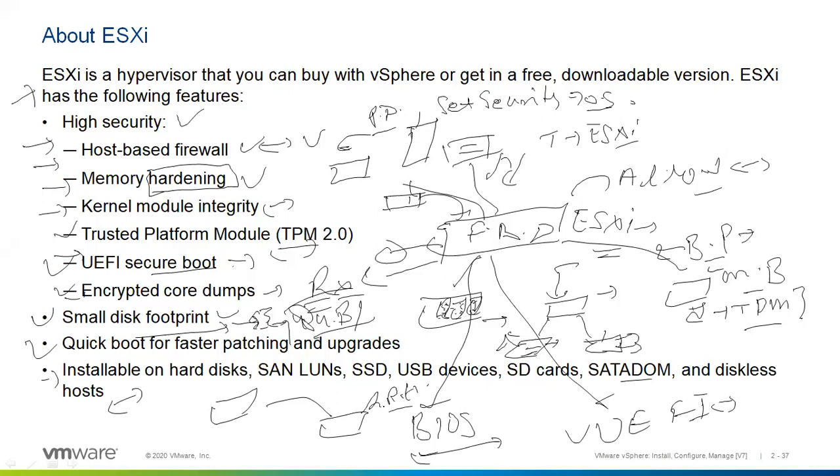There are a number of ways of putting ESXi inside your environment, but typically most people install ESXi on the local hard disk, meaning disks directly connected to your ESXi host. These are some of the key features of the ESXi hypervisor itself.